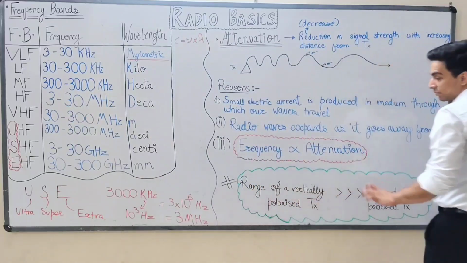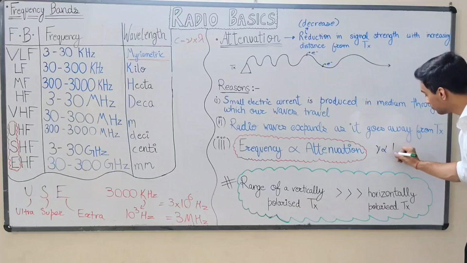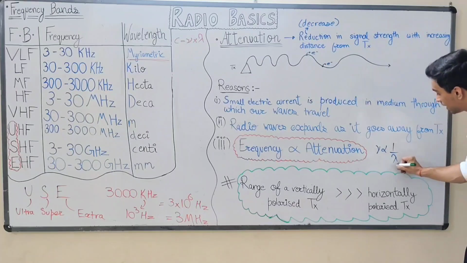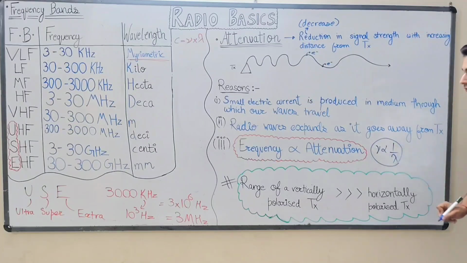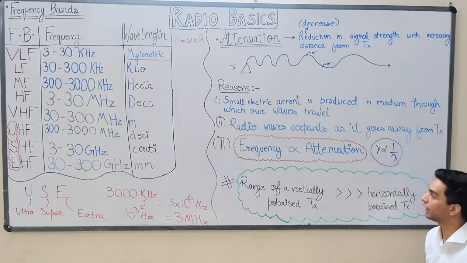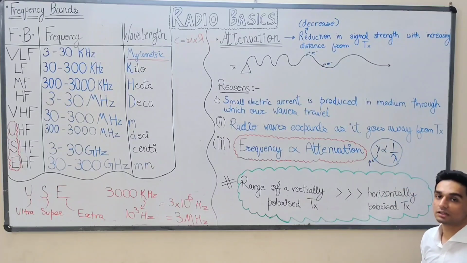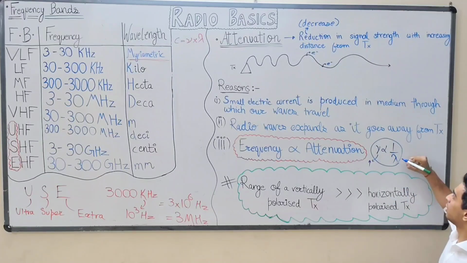Now, how will you remember this statement? Remember, I told you nu is inversely proportional to lambda, where nu is the frequency and lambda can be represented for the range. Now, if we see, we are increasing the frequency in an example. If we increase the frequency, the lambda or the range decreases.